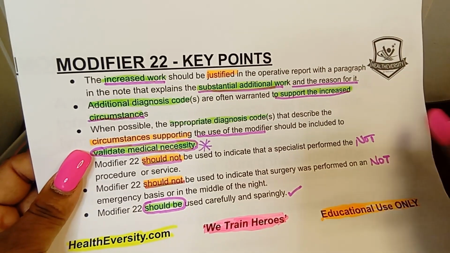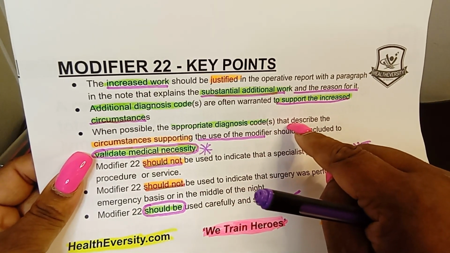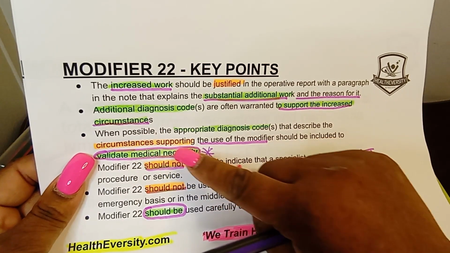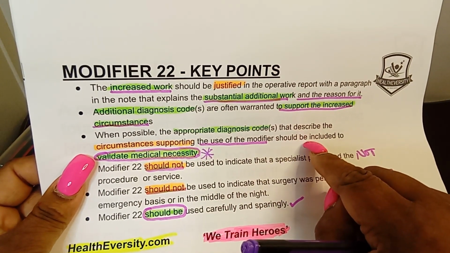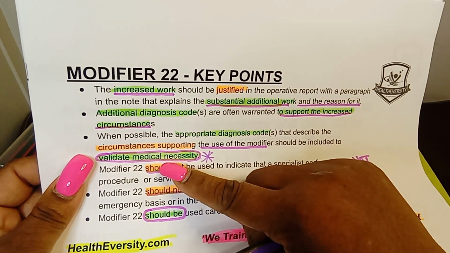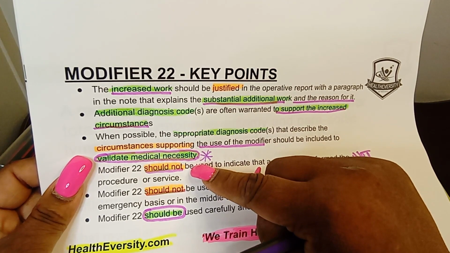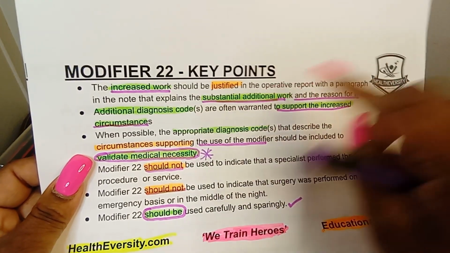So let's look at this point right here. When possible, the appropriate diagnosis code that describes the circumstances supporting the use of the modifier should be included to validate medical necessity. So you have to make sure that this is correct, right?